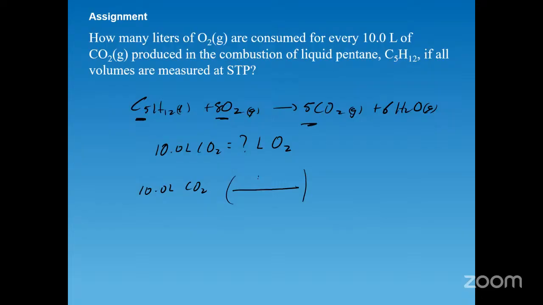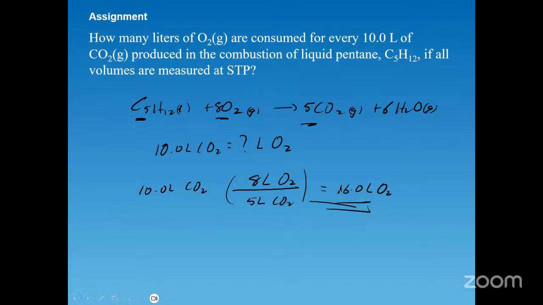So that would be 8 liters of oxygen divided by 5 liters of CO2, right? And that will give you an answer of 16.0 liters of oxygen. And that's it. So that's basically how that is done.